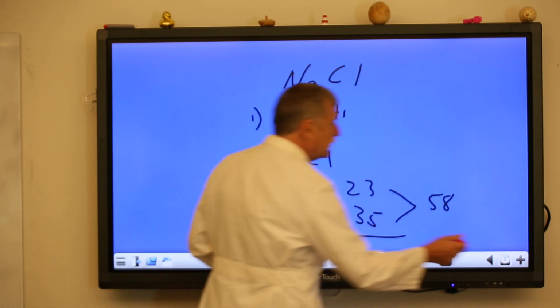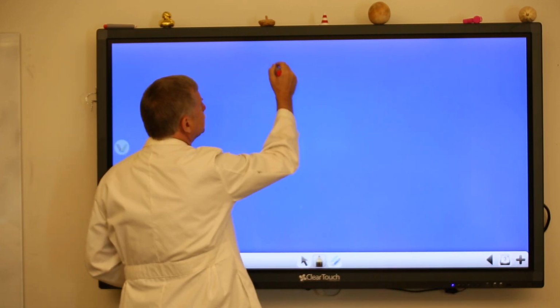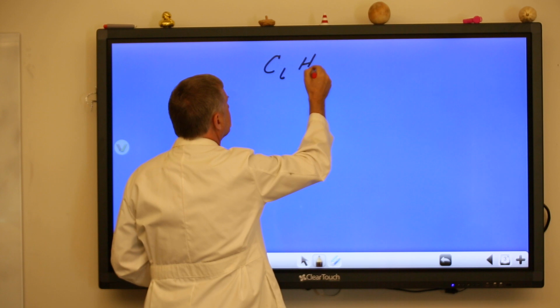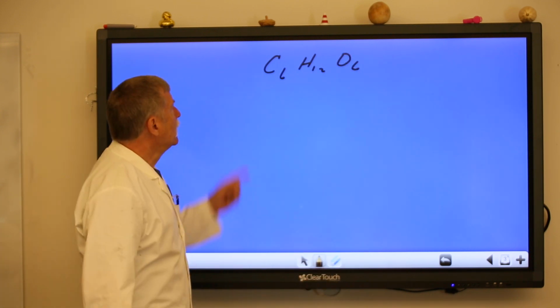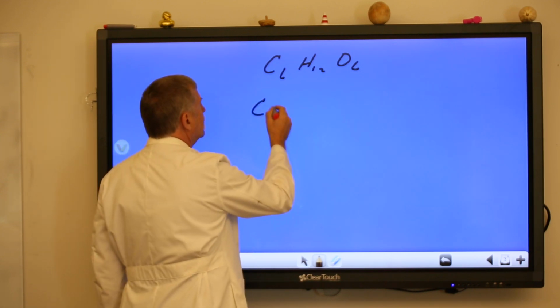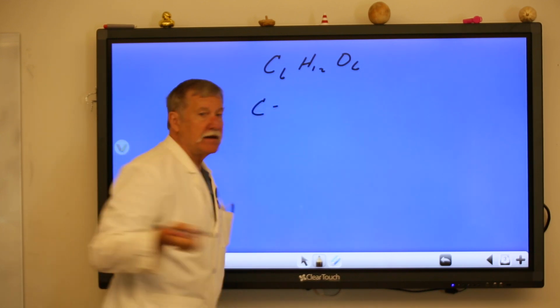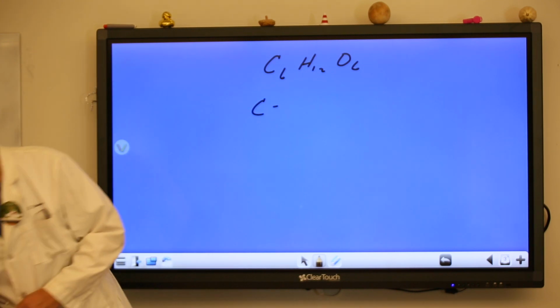We can look at more intricate compounds, something a little more interesting like sugar, C6H12O6. Well, this says we've got 6 carbons.